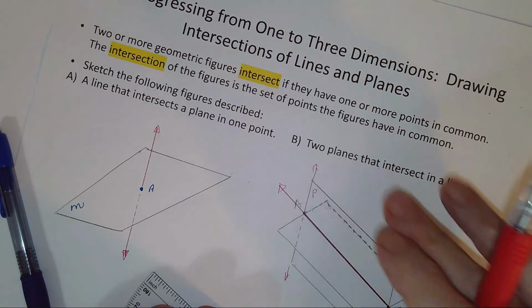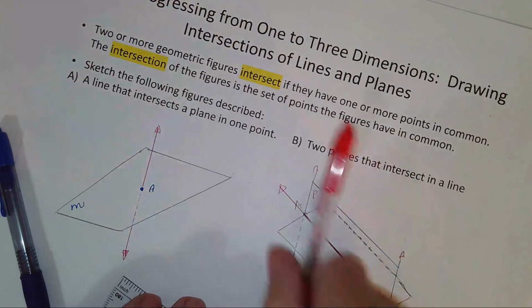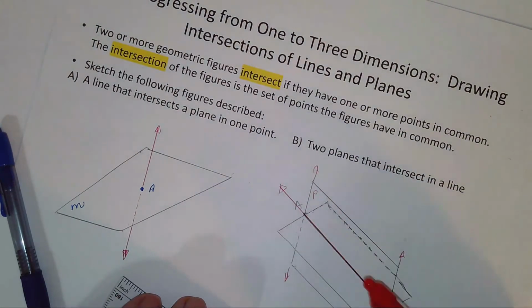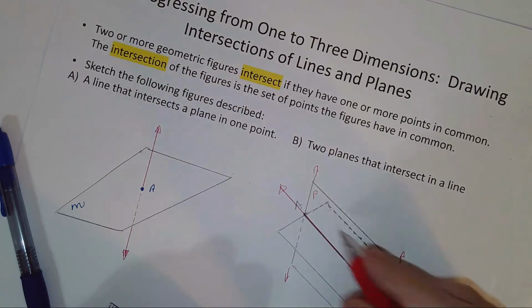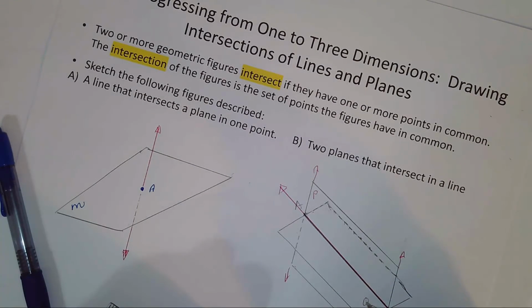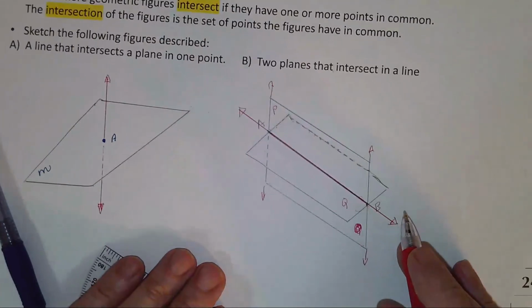Plane P extends up and down this way. Oops, I put it in the wrong spot. Plane Q should be up here. This is plane Q, so it's this horizontal piece. And so you can see you've got this line, which is AB. Let me move this up so that you can see it.